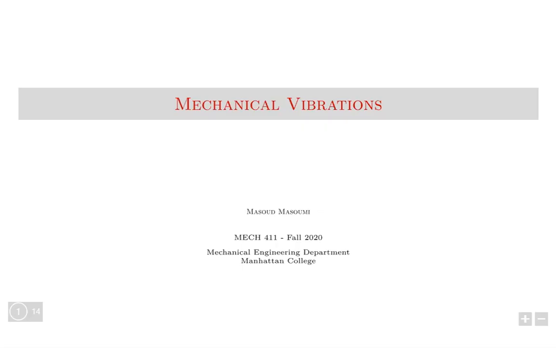Now, what I want to talk about is how we can derive the equations of motion for these systems, right? We're going to limit our work to systems with 2 degrees of freedom. How can we derive these equations with an approach fairly similar to the energy method?